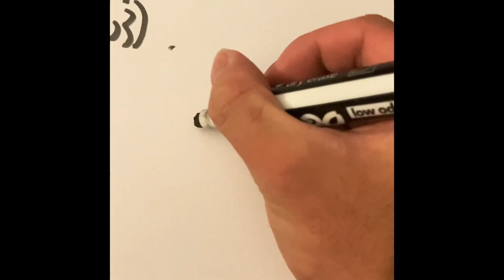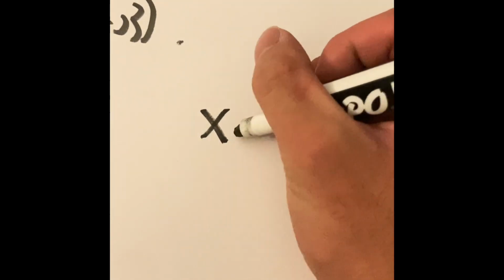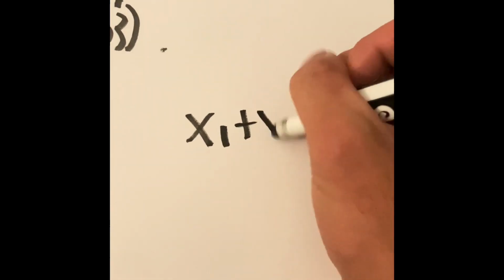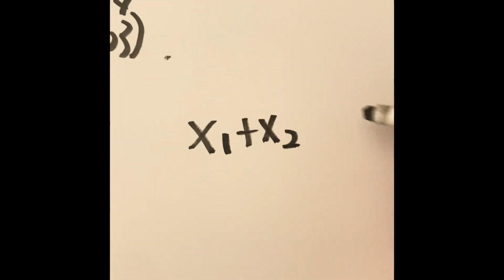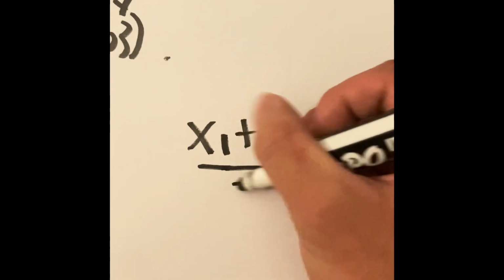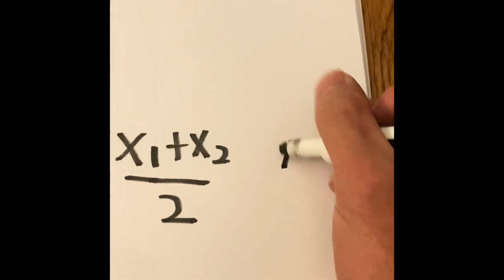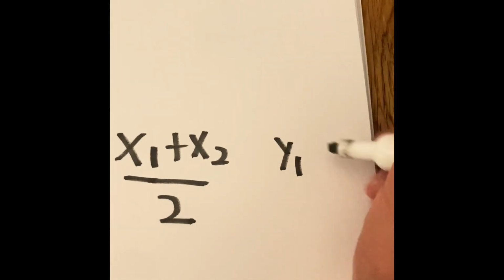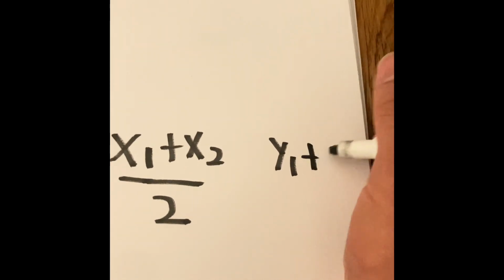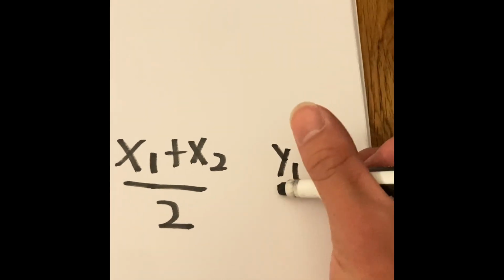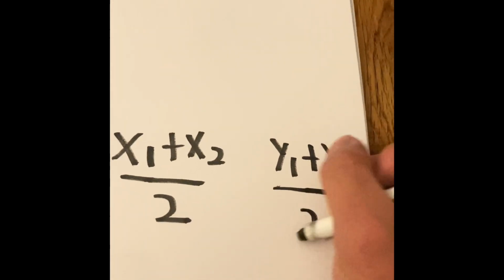The formula is going to be the x variable of your first coordinate plus the x variable of your second coordinate, divided by 2. But then we have to do the first coordinate of our y variable, add that to the second coordinate of your y variable, divide by 2.